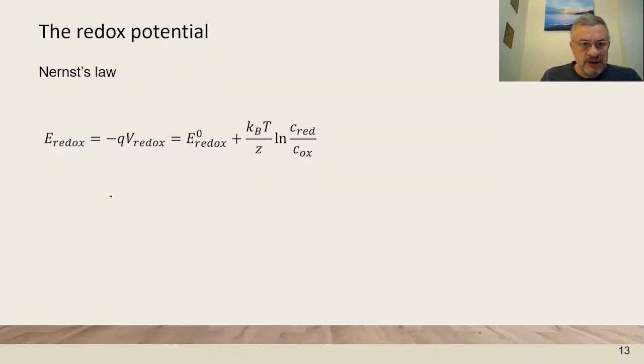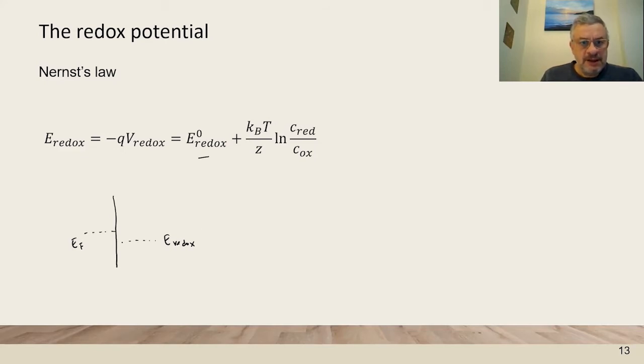So when we put the electrode, it has the Fermi level of electrons in the metal. And in solution, there's also a Fermi level, and this is called the redox level. So the redox level is characterized by a standard value and a value that depends on the concentration of reduced and oxidized species of the redox pair.